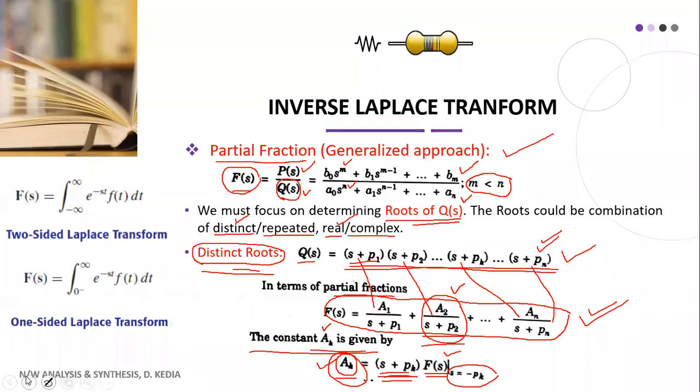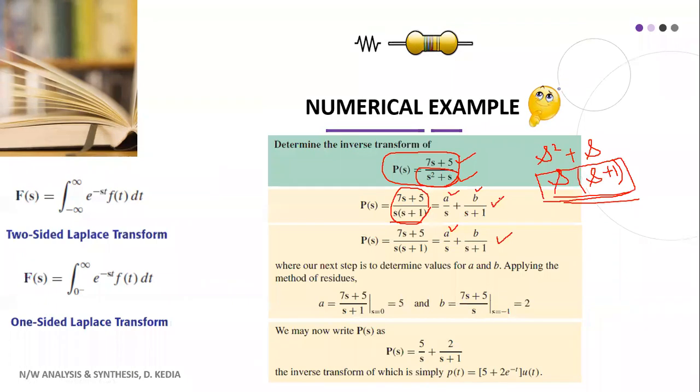Okay, now let us see. This was the expression, (7s + 5) divided by (s square + s). Now you have to find out A.